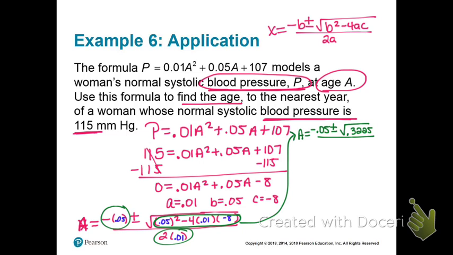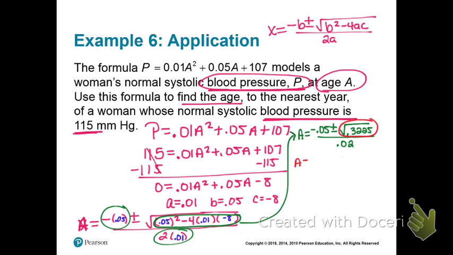2 times 0.01 is... And this time, because this is a word problem, and it told us to the nearest year, we're going to go ahead and put that square root into our calculator.